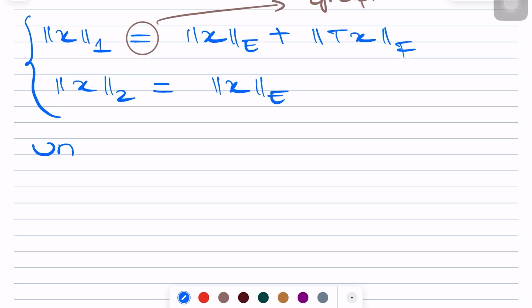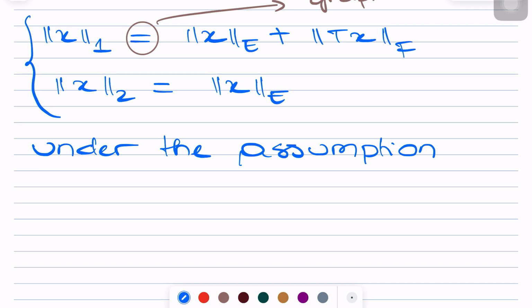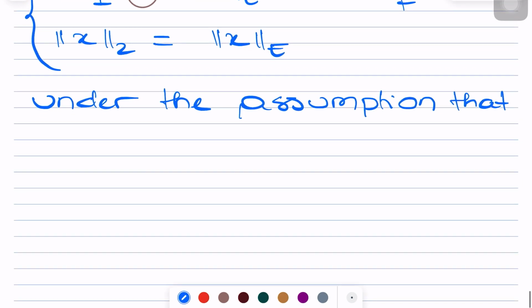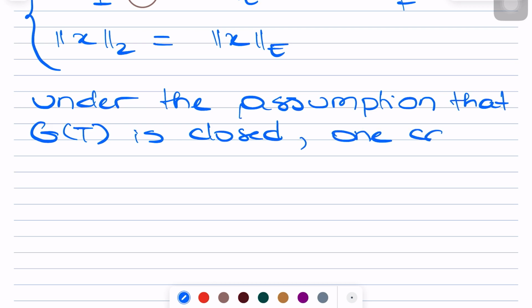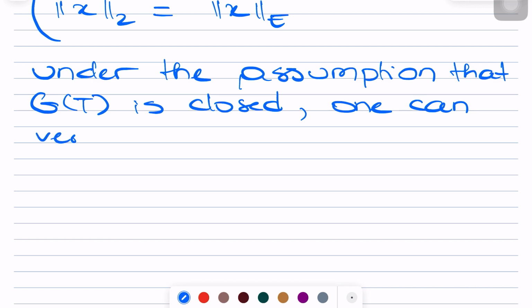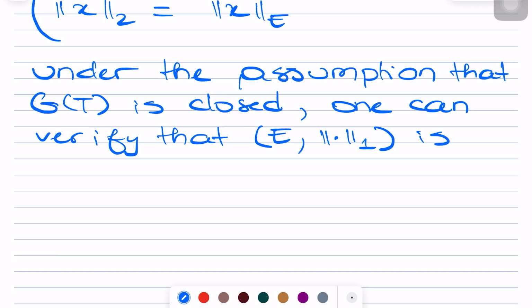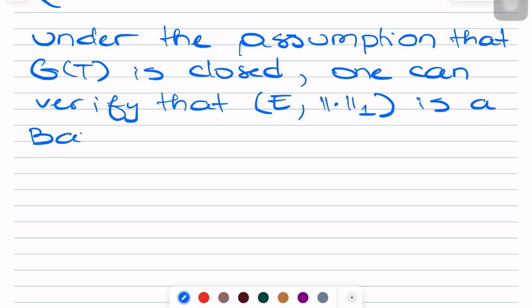Under the assumption that the graph is closed, one can verify that E with the graph norm is a Banach space.